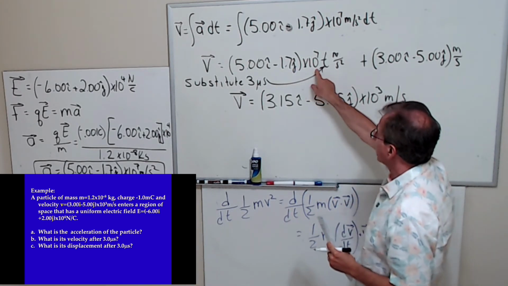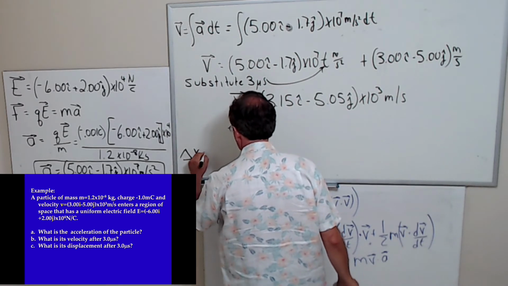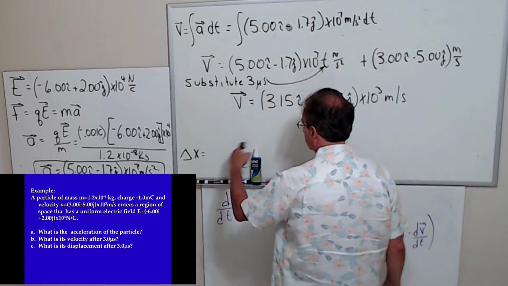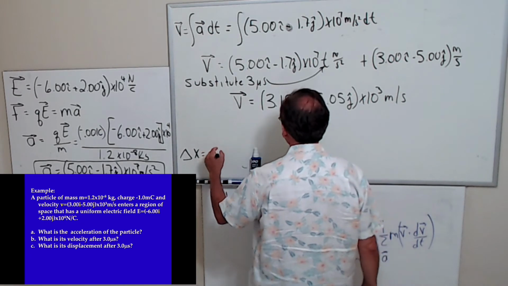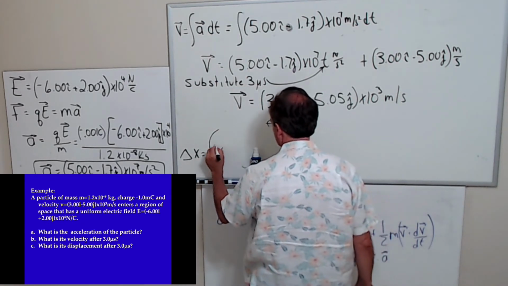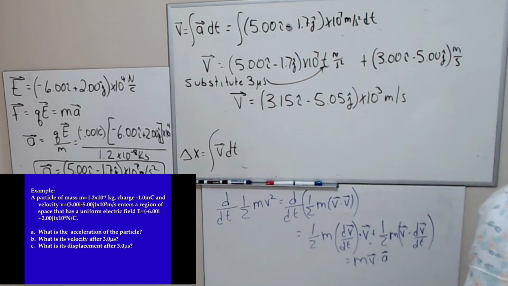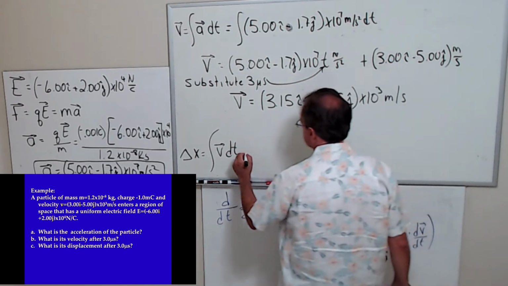Then if I want to find delta x, I've got to integrate this. So the constant, I'm moving to the other side of the equation. That's why you can see a constant when I integrate this. Now when I integrate this function, v and t, I'm not going to write units in because I'm going to run out of space.